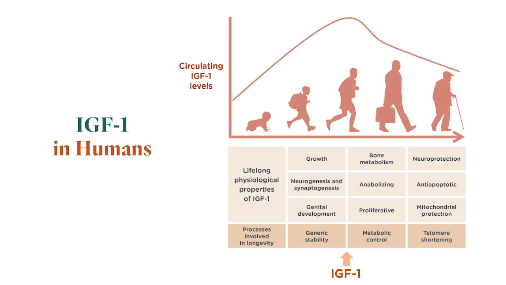A very probable explanation is that IIS in humans is simply more complex and has many more interconnected moving parts, such as a different array of ligands, of hormones, and receptors. In addition, there exists a higher level of crosstalk or interaction with other signaling pathways. In addition to the TOR pathway, for example, the IIS also connects to the MAPK pathway, which is a major pro-mitotic and pro-growth pathway.